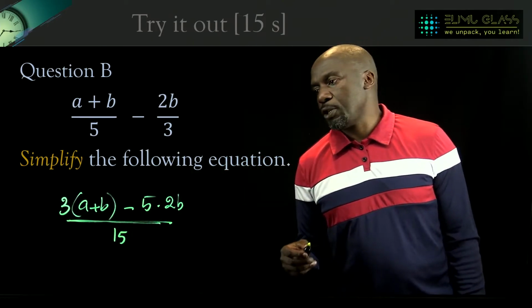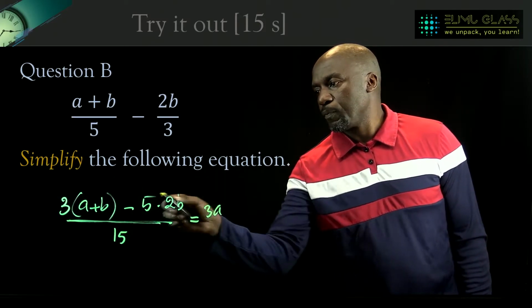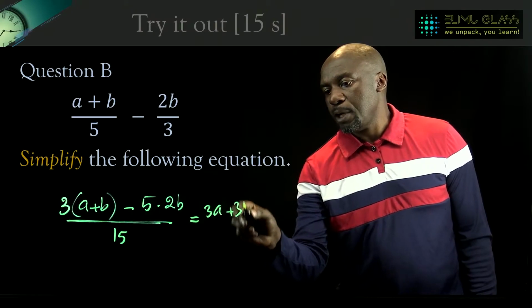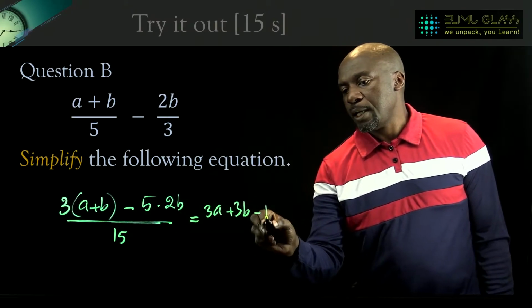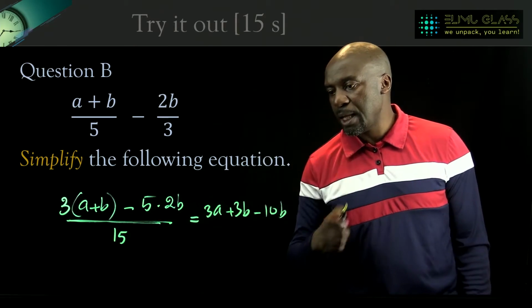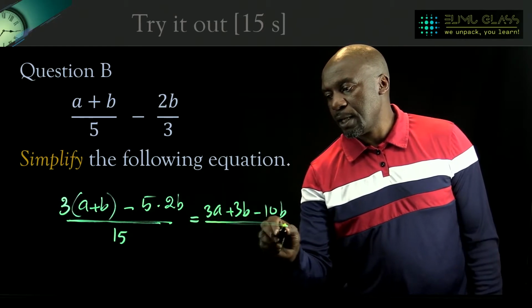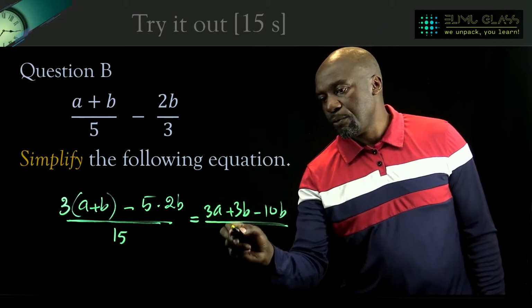The rest is simply to simplify, so that becomes 3a plus 3b minus 10b, 5 times 2 times b, divided by 15.